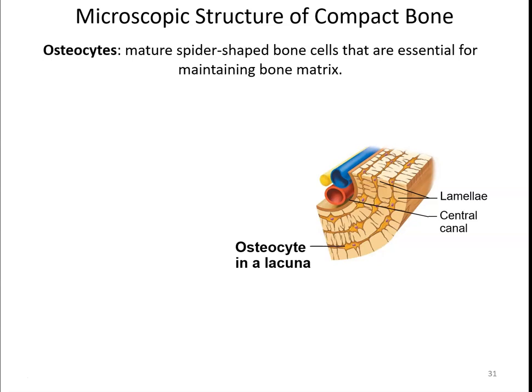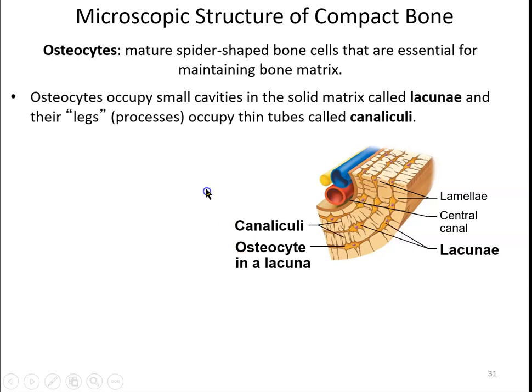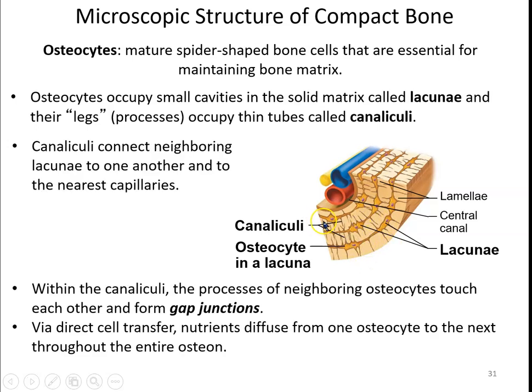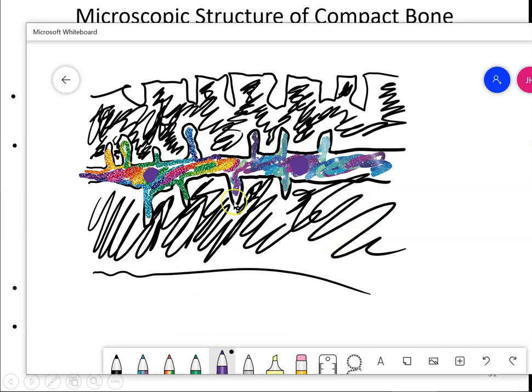Everywhere in a bone, there is a nearby cell very close to it. So that's osteocytes. And so we would say that these little tiny offshoots are canaliculi, or miniature canals, is what they're called.